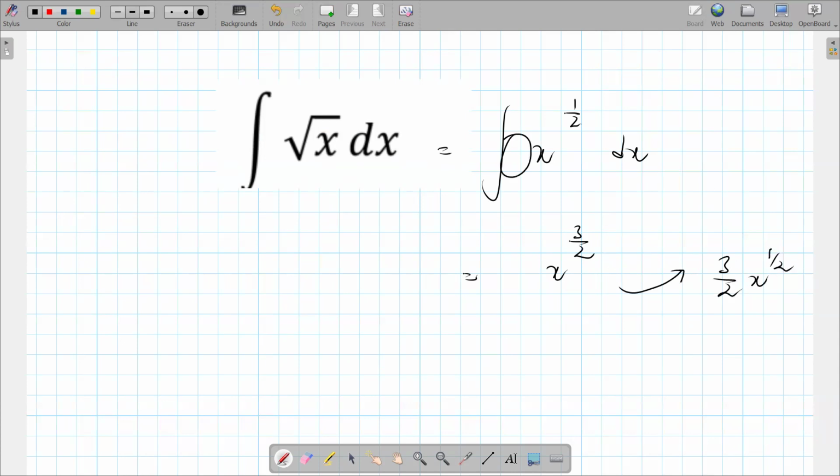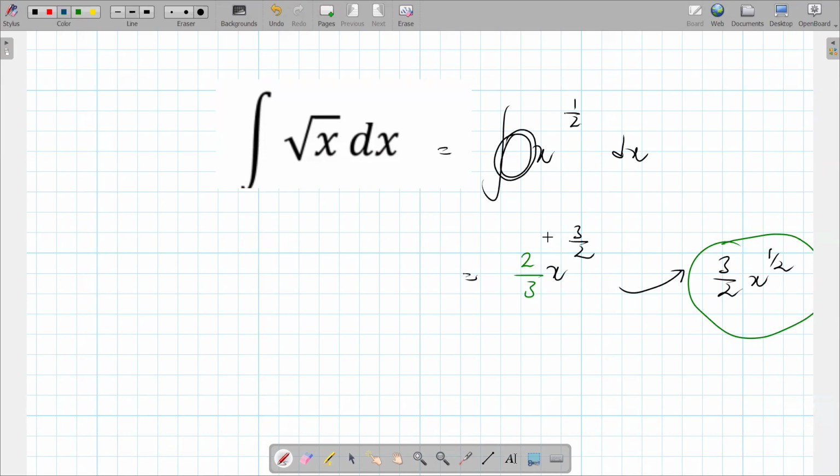But there's no 3 over 2 here. So what do we multiply this by to get rid of that 3 over 2? 2 over 3. Flip it. You just want it to be a 1 at the end, right?